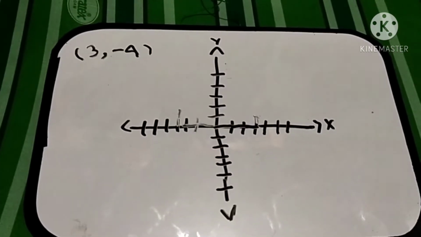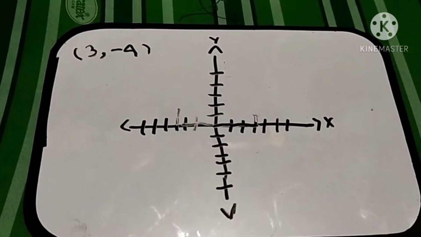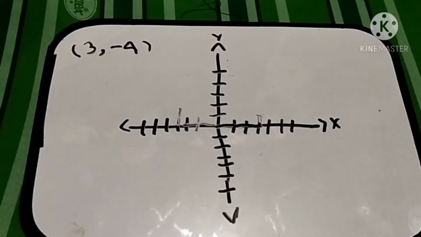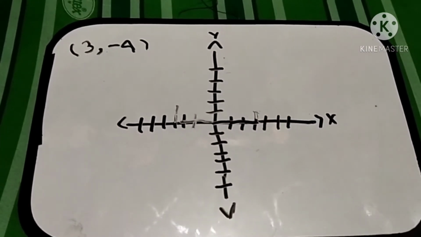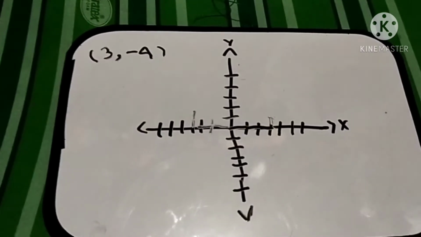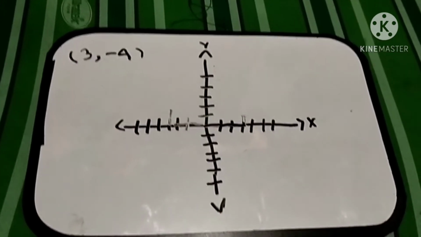So, let's have one example of an ordered pair, which is 3 and negative 4. To find which quadrant it belongs to, you need the same steps as plotting a point in a Cartesian plane, but you will not draw a point.